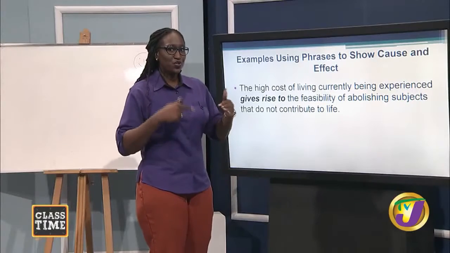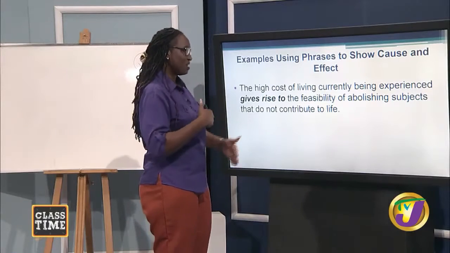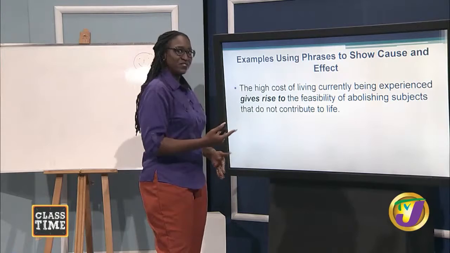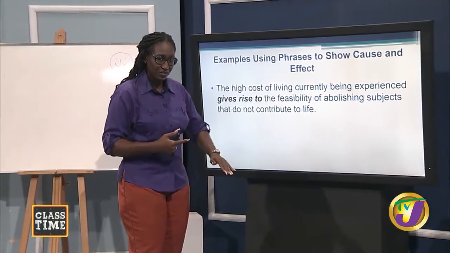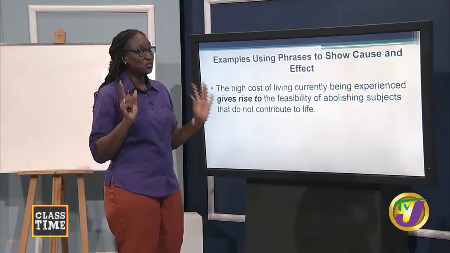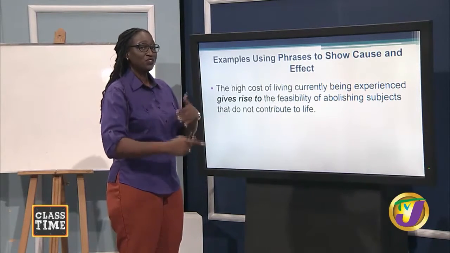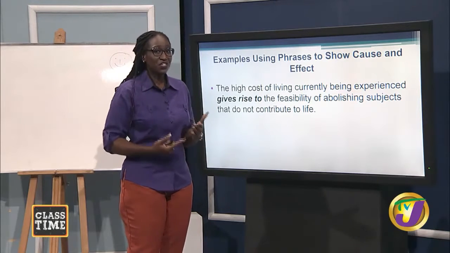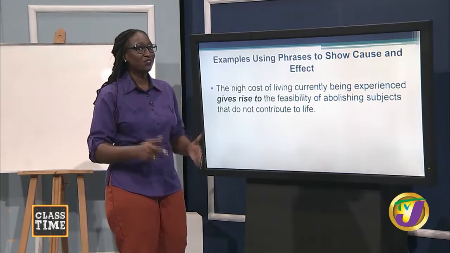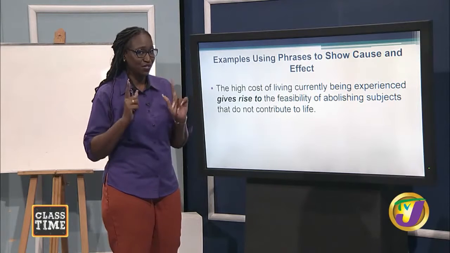However, if we do abolish, then naturally it gives rise to the idea that the high cost of living will decrease. Whether this is true or not, we don't know. Remember, you are trying to prove a point. So you're going to use whatever information you have at your disposal to try and prove and enhance your point.